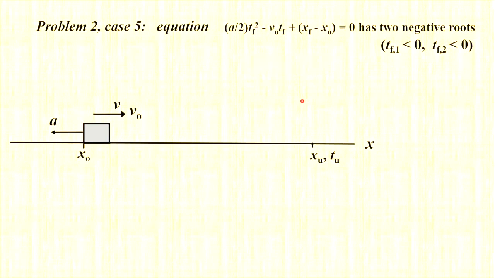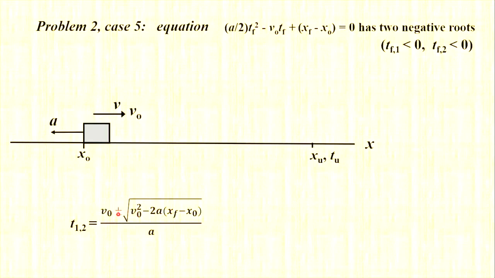To prove this, we will use the well-known formula for the roots of a quadratic equation, and applying this formula to this equation, we will get the following answer for t1 and t2. To analyze this answer, we take into account that v0 is positive. To have two roots, the expression under the root should also be positive.